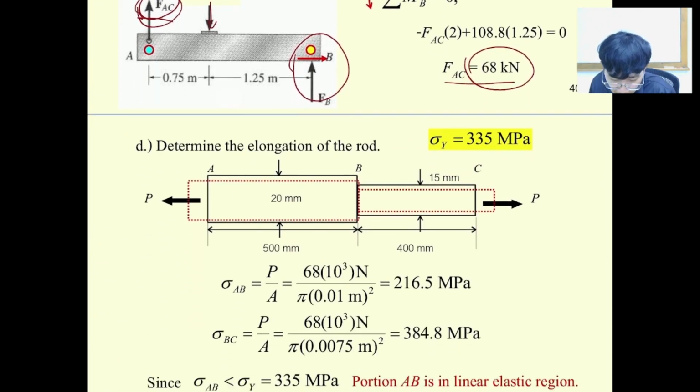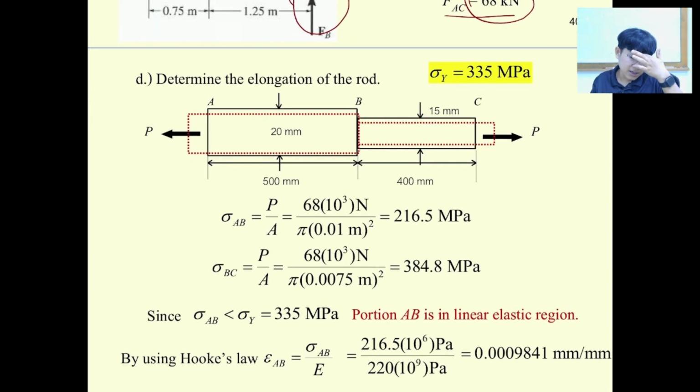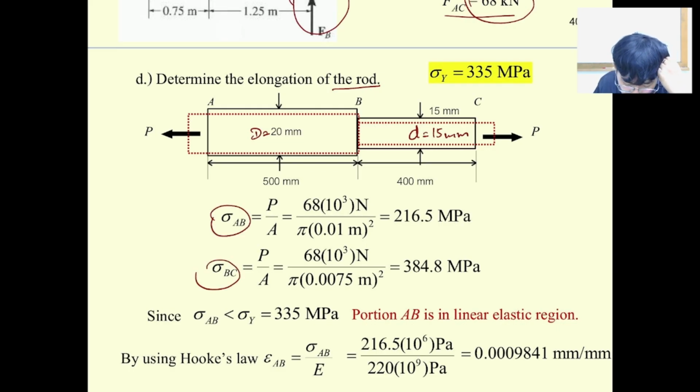Okay. And next, they would like to know the elongation of the rod. Okay. So we know that the diameter over here is equal to 2, and then the diameter of the small tube over here is equal to 15 millimeters. And then we can just find the stress in AB and stress in BC over here, equal to 216.5 and then 384.8.